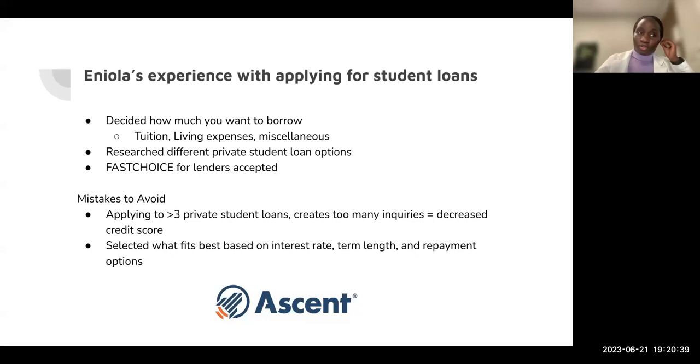Do you want to pay $25 every month until you have to pay for residency? These things decrease your overall loan and sometimes help with monthly payments. For example, for the $25 every month, Ascent gives a 0.25% discount, just like for automatic payments. And so that's another thing to consider.